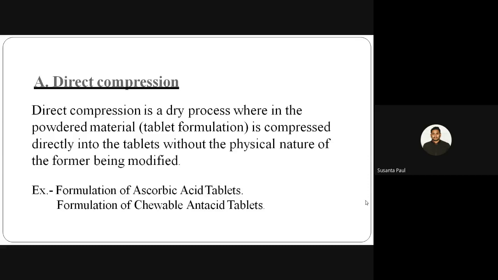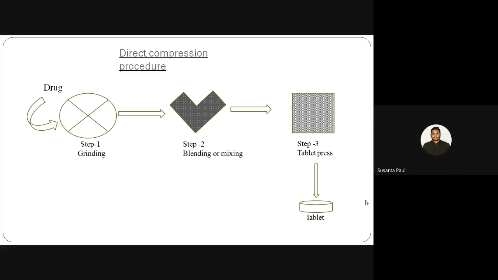This method is also known as the slugging method. This method can be used in those cases where the medicament is very unstable in presence of moisture. In this process, the dry powder is first compressed into large tablets or slugs.